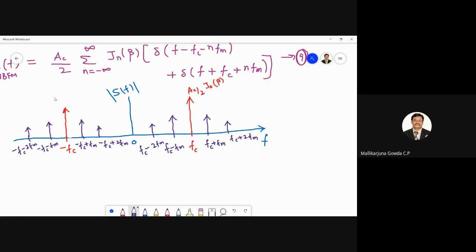Okay, so we will write this amplitude is also the same, that is AC by 2 J naught of beta. So J naught of beta is 1, right? Yeah, 1, I'm just writing its value.